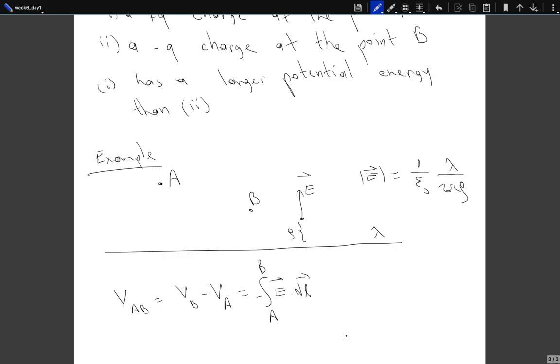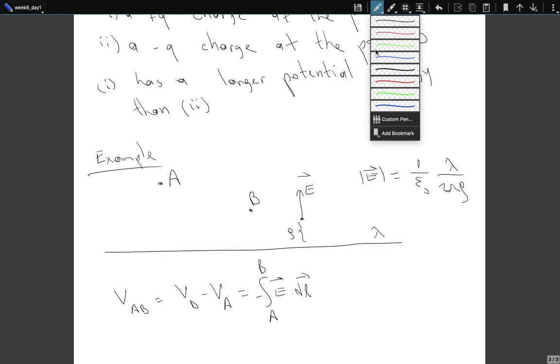If you want to calculate the potential difference as you go from A to B, it's the potential of the final point minus the potential of the initial point. So that is just minus the integral of the electric field over a path connecting A and B. Again, that path will be arbitrary, whichever one you like, but it will be wiser to choose a path that will simplify this calculation.